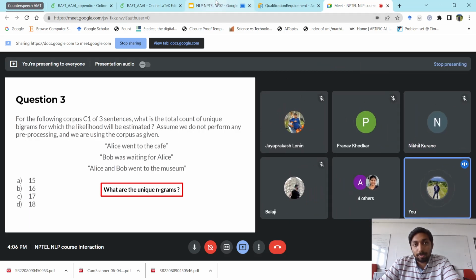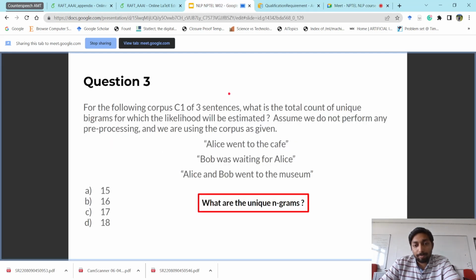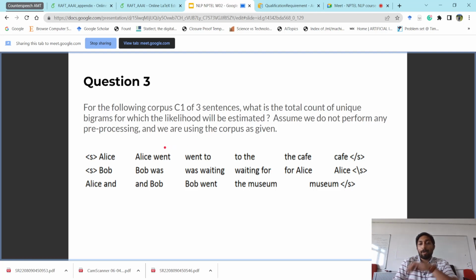Okay, I think you are correct, Pranav. These are the total bigrams. Now the thing that I was saying, the hidden factor, was the starting token. Starting and ending tokens are the extra thing.